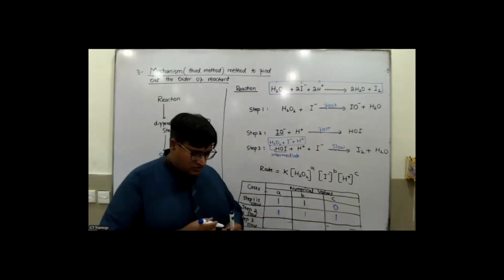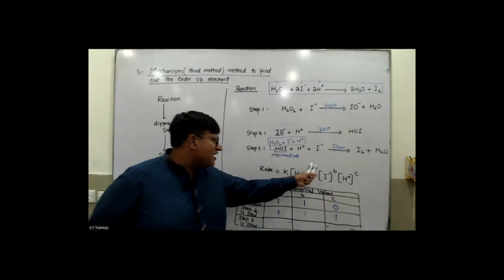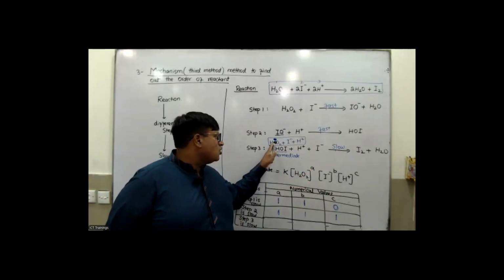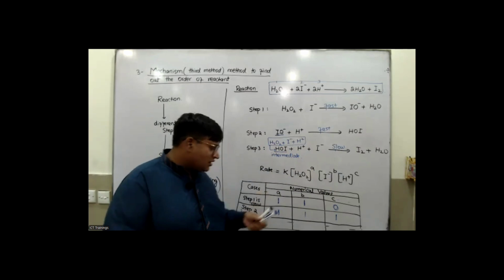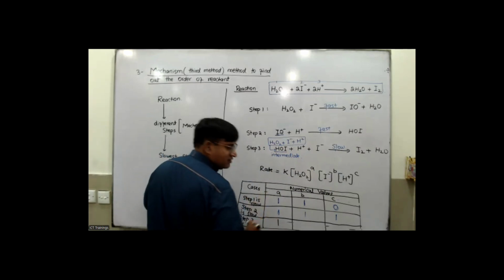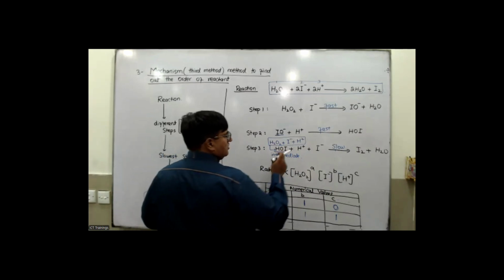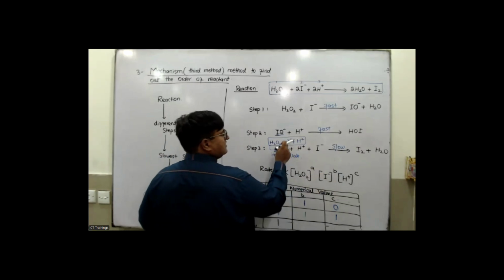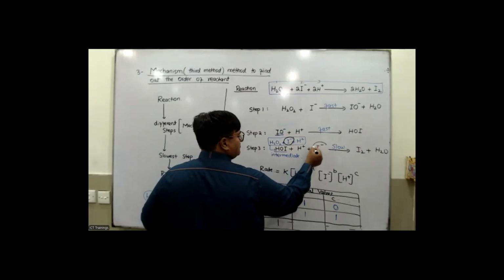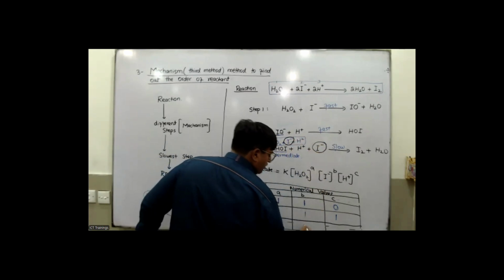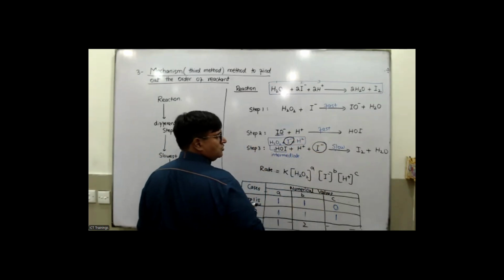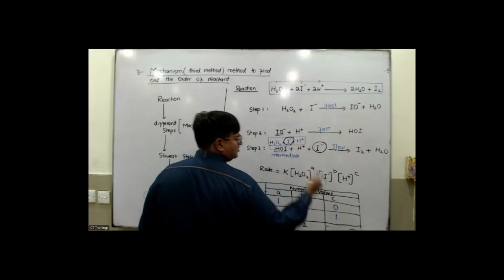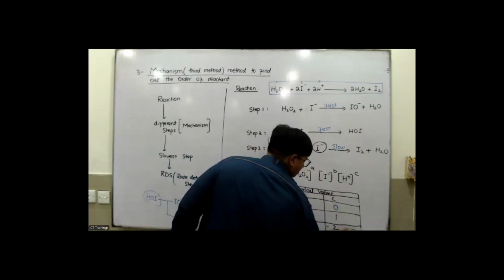Now if you want to put the values A, B, C, H2O2 has only one mole, so here you should write 1. Next is I minus. I minus is present up here and up here, so we got 2 moles of it, so this is 2. And H positive, these are 2 as well.